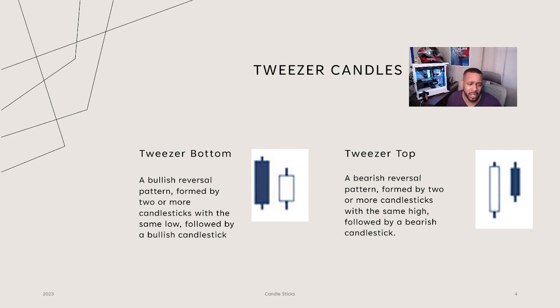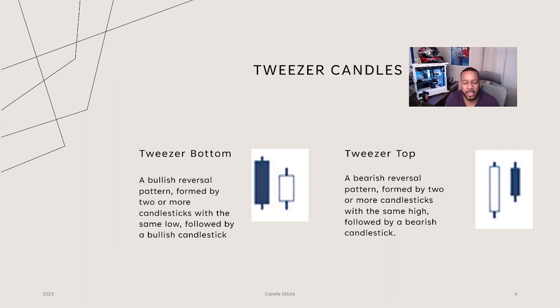tweezer bottoms and tweezer tops. All right. So with the tweezer pattern, you have, as you can see here, a bullish reversal pattern, right? So you have that's tweezer bottom. So pretty much tweezers are candles, exactly what you saw. They have wicks, but there's a change in momentum, right?